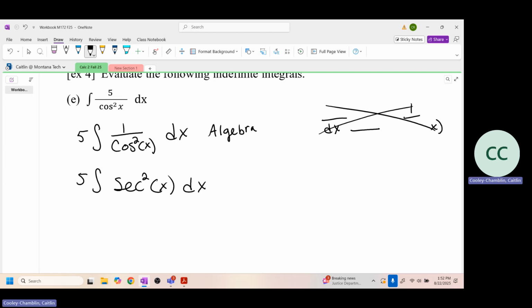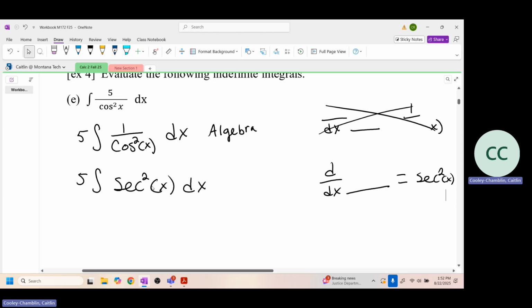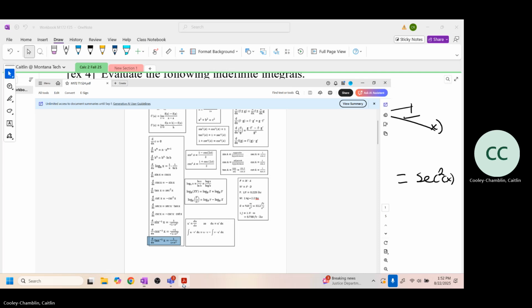So now, the derivative with respect to x of what is secant squared x? Now, some of you know these off the top of your head, and that's perfectly fine. But if you don't and you're using the formula sheet more, that's why I keep bringing the formula sheet up.